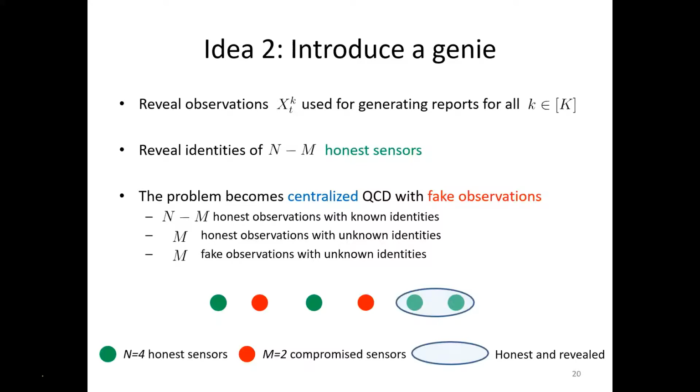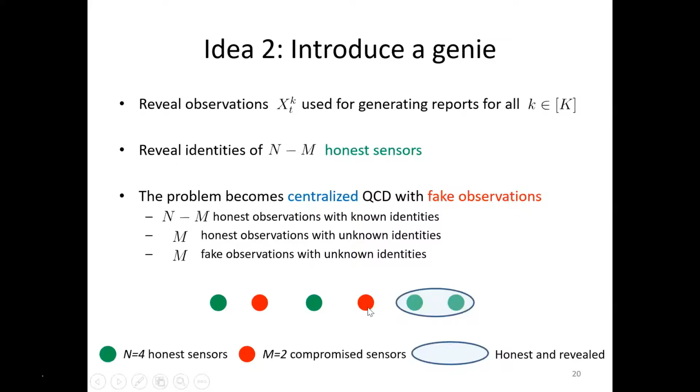After that, the genie also reveals the identity of the n minus m honest sensors. Here is one example. Here we have total n, that is 6, so we have 4 honest sensors, 1, 2, 3, 4, and we have 2 compromised sensors.